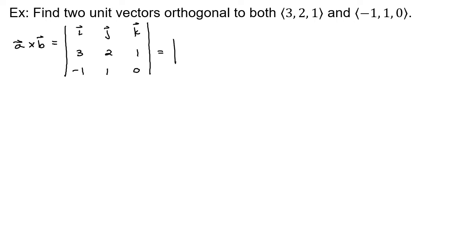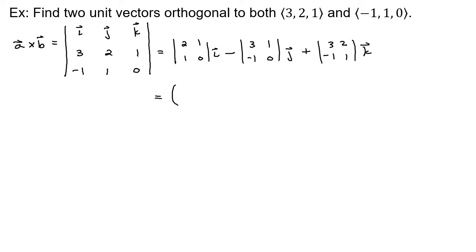And so I would end up, make sure I write this down correctly this time, 2, 1, 1, 0 on the I, minus the J would be the outsides, the 3, the 1, the negative 1, and the 0 on the J, and then the K would be the lower left, 3, 2, negative 1, and 1. So I'll get 2 times 0 is 0, minus 1 times 1 is 1. I get 3 times 0 is 0, minus 1 times negative 1 is negative 1.